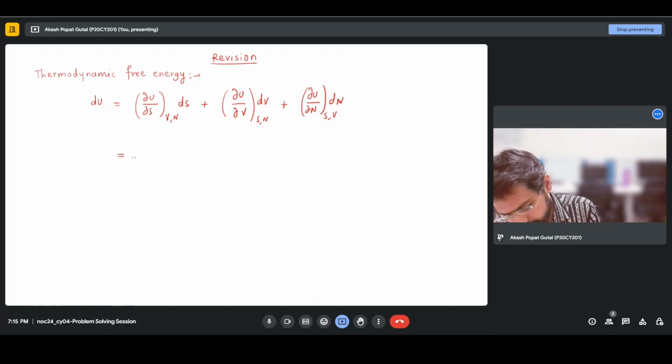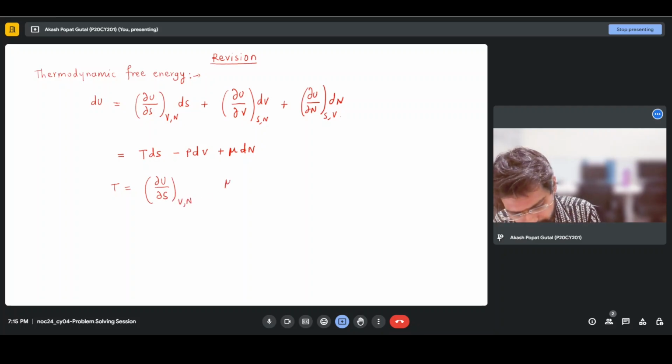And if you write it in differential form, it is TdS minus PdV plus mu dN, where we know that T is equal to the partial change in internal energy divided by the partial change in entropy at constant volume and number. Mu is the change in internal energy divided by the change in number at constant entropy and volume.